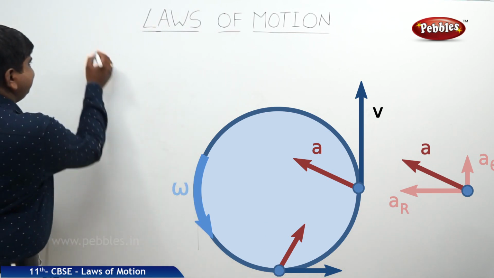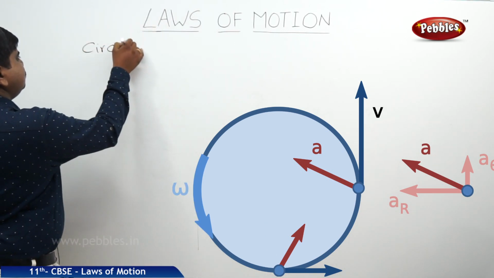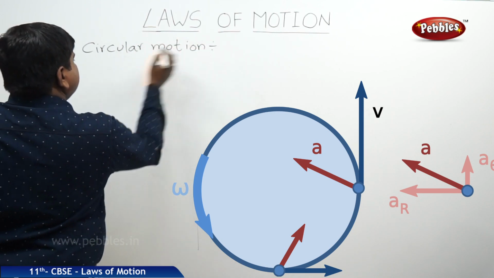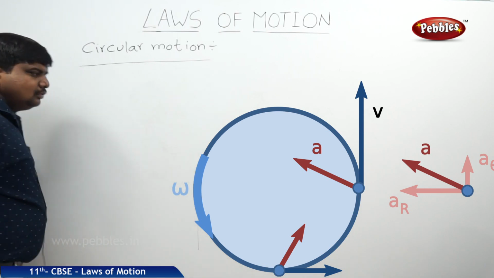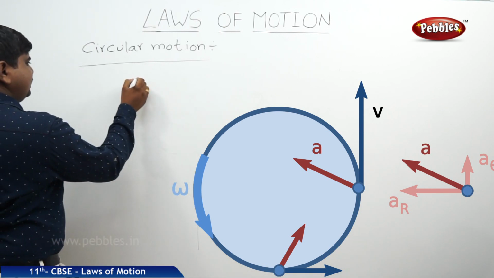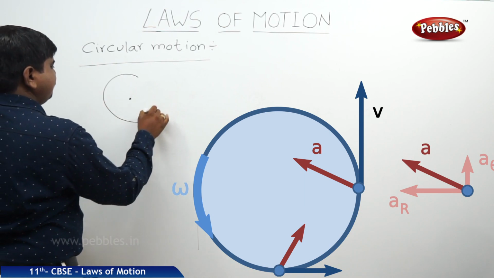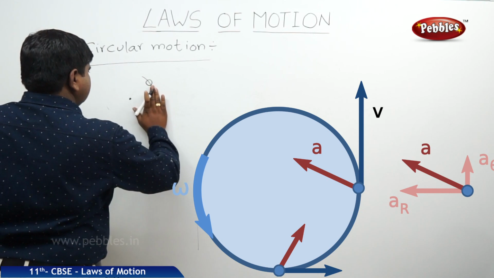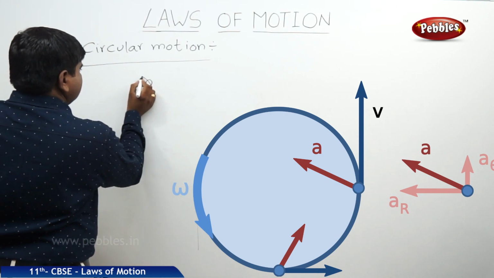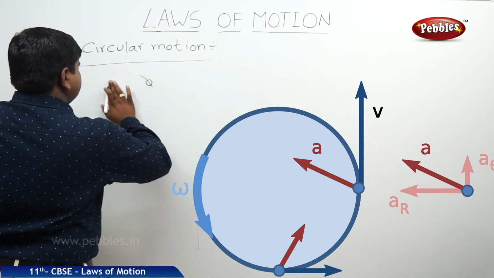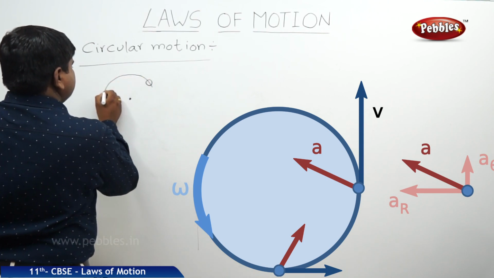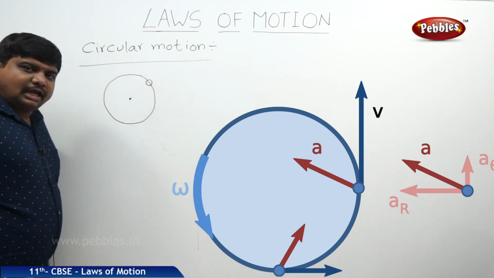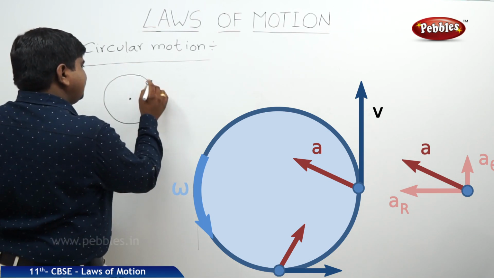The next concept is circular motion. Take a reference point, and a body moving about that reference point in a circular path. The actual path of the body should be a straight line.